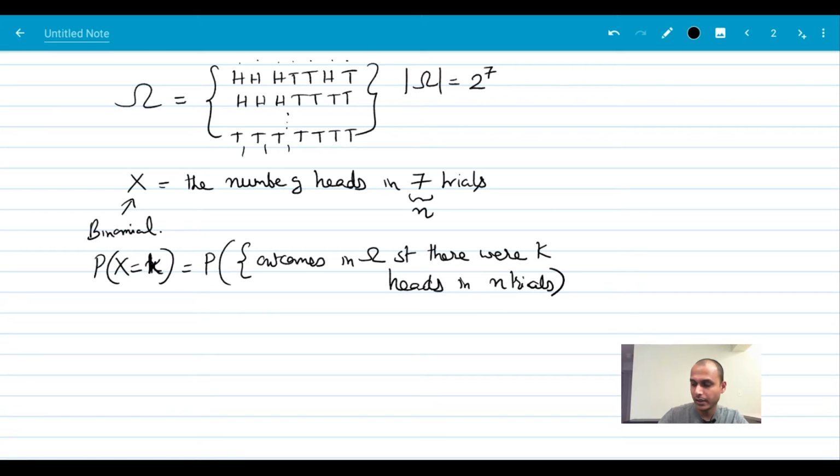In the above example, it's 7 trials, but in general k heads in n trials.